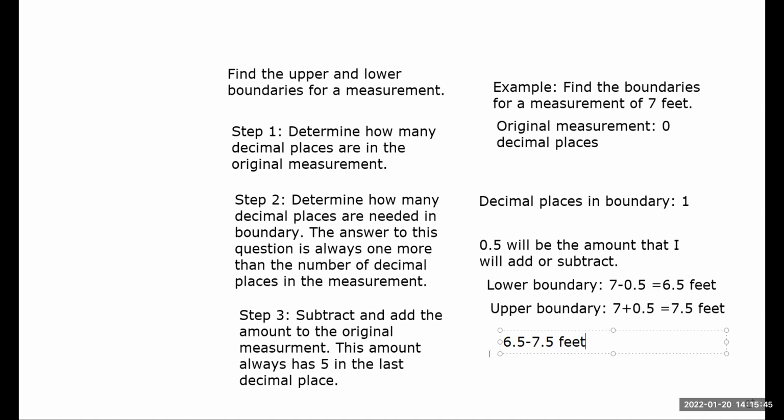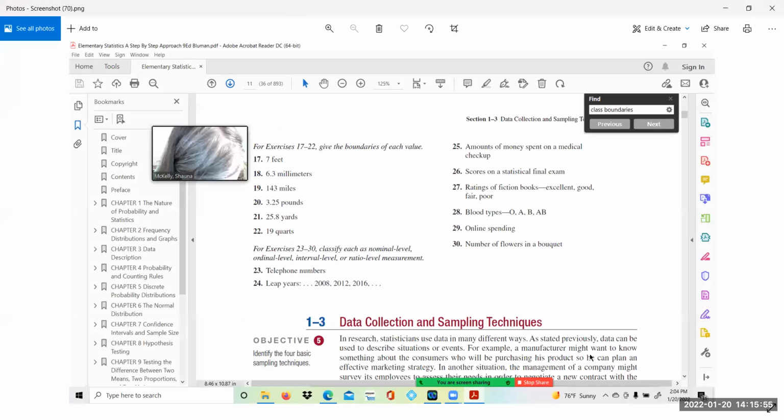Now I'm going to show you another example from the book. So let's do number 18. 18 is 6.3 millimeters. So we're going to go here.